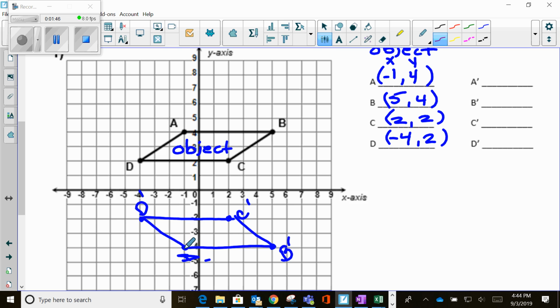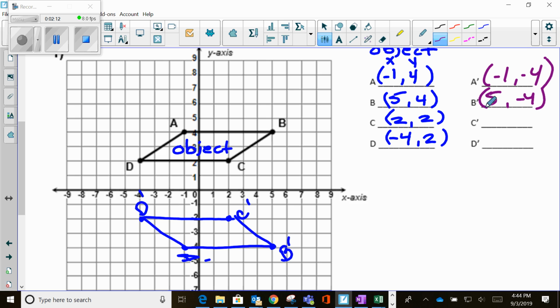So my new reflected point would be -1, -4. For B, it is 4 units above the x-axis, so the reflected image would be 4 units below, so that point would be 5, -4.